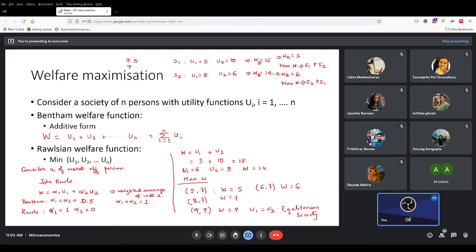So we can think of welfare as the weighted sum of these two individuals, of the n individuals in society. So in the general case, if I've got n number of persons, I can write. So basically what Bentham and Rawls are doing, they are weighting people differently.